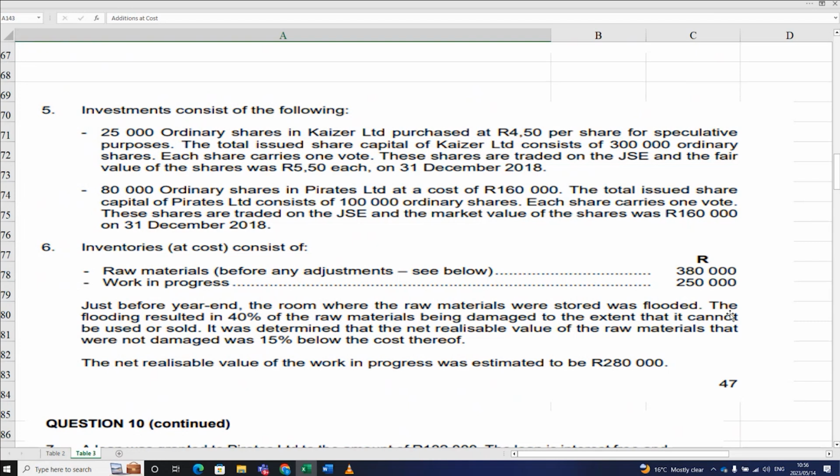The flooding resulted in 40% of the raw materials being damaged to the extent that they cannot be sold or used. It was determined that the net realizable value of the raw materials that were not damaged was 50% below the cost thereof. The net realizable value of the work in progress was estimated to be 280,000.